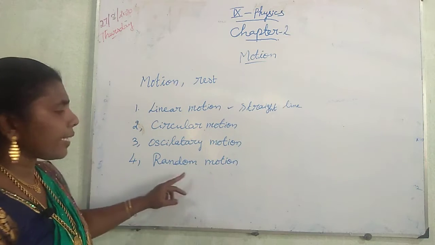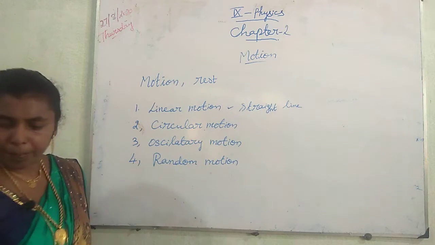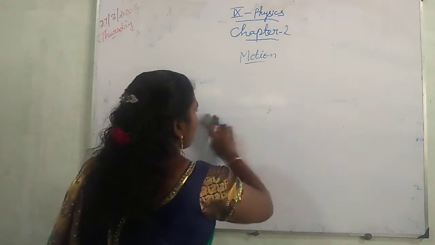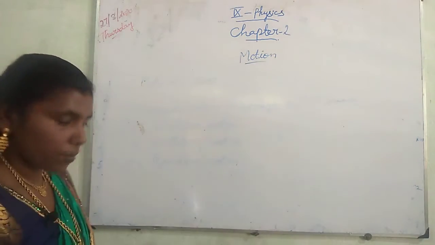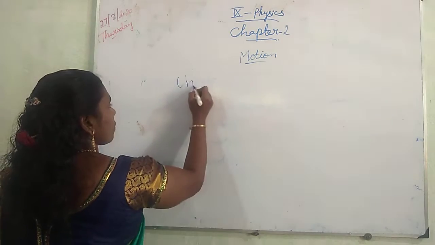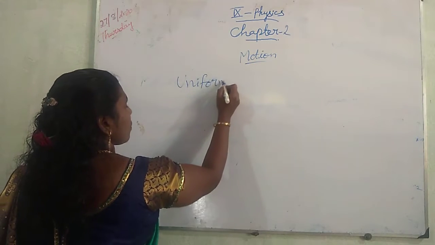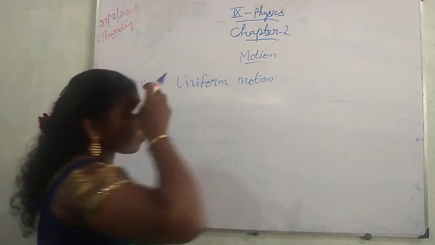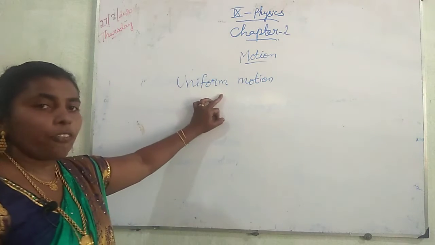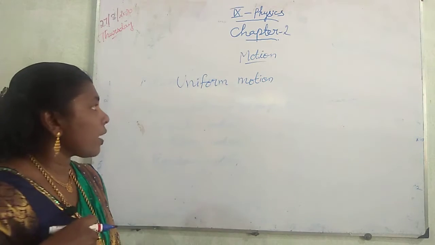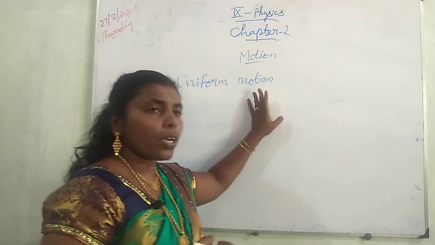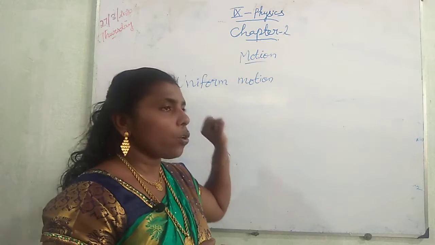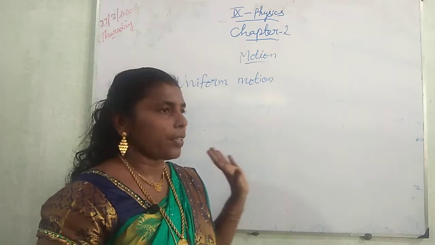Next we can learn about uniform motion. Uniform motion means equal distance in equal intervals of time.